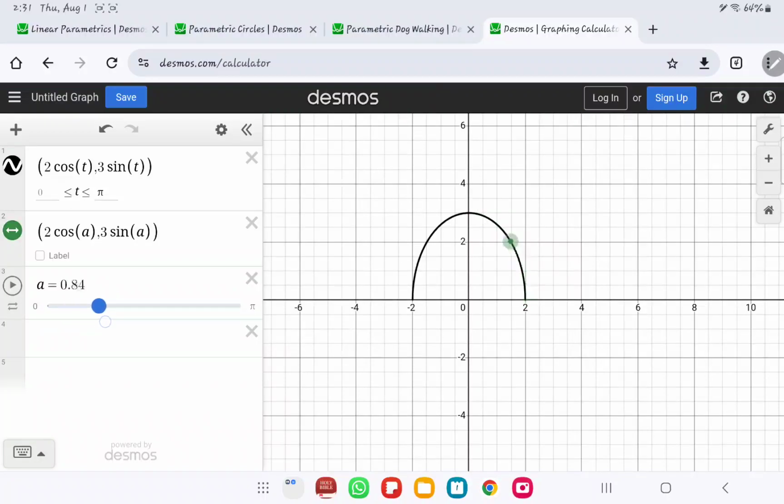So from 0 to pi, we're starting over there on the right and then going counterclockwise, the usual direction as we get to that left side. That's usually going to be the case if you have a cosine and a sine for the x and y. That's our usual way we trace stuff out. So that's what we'll do for that one.